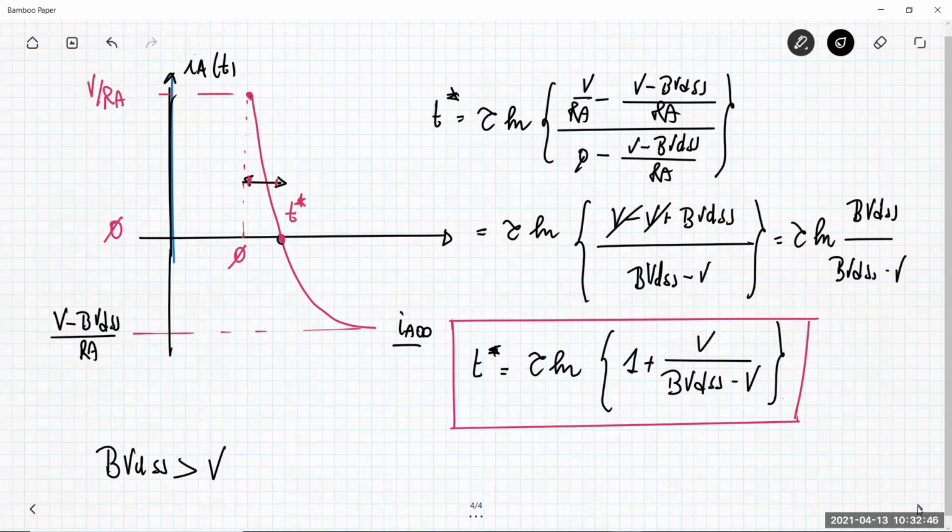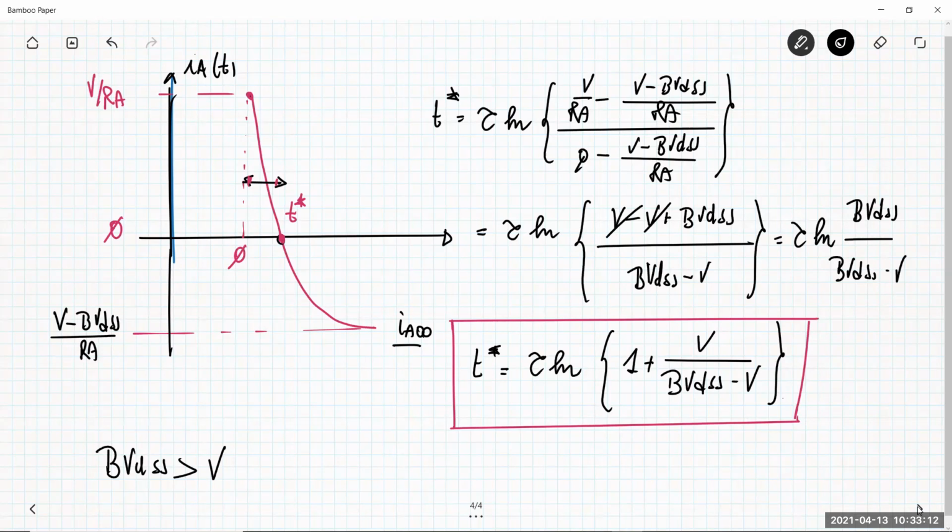For example, when your voltage V is 100 volt, let me just suppose random numbers here, you have to choose a MOSFET which has a breakdown voltage higher than 100 volt, for example, 150 volt, just to be sure that the MOSFET continues to operate correctly. The nominal operation point never exceeds the breakdown voltage.